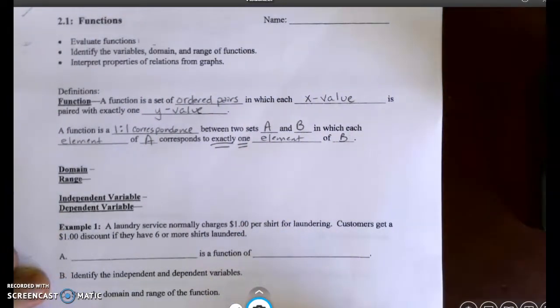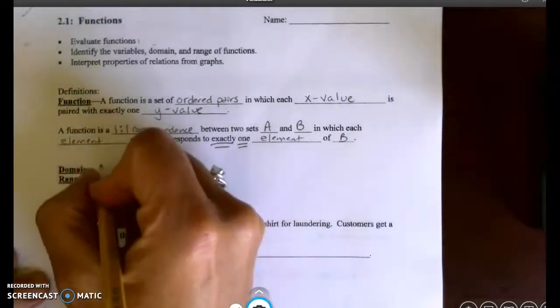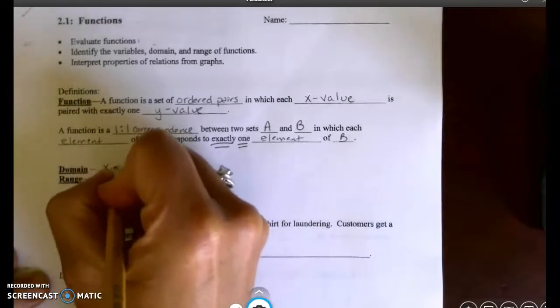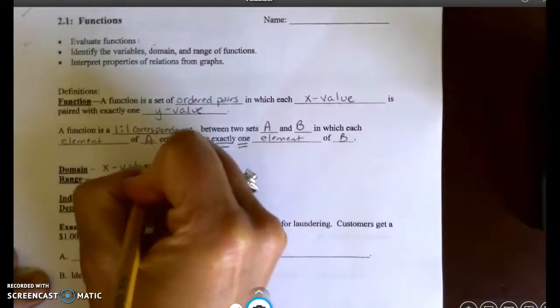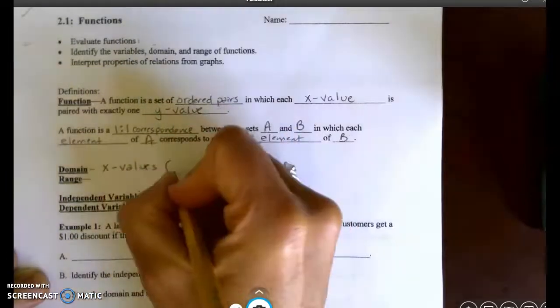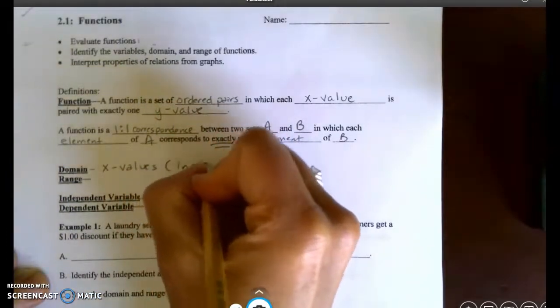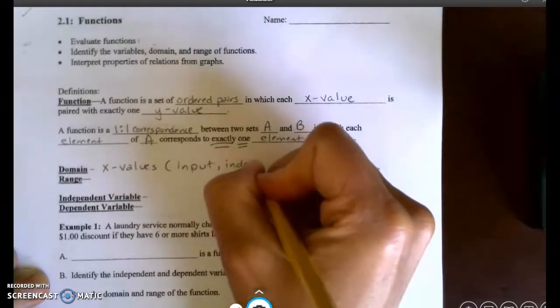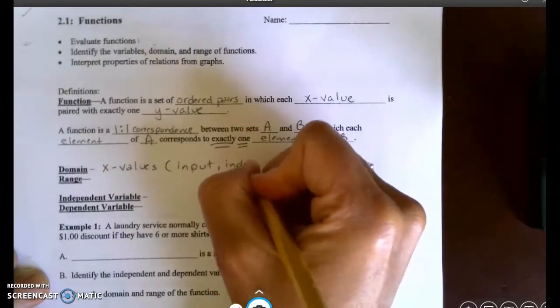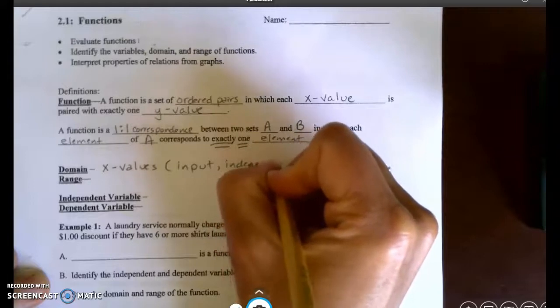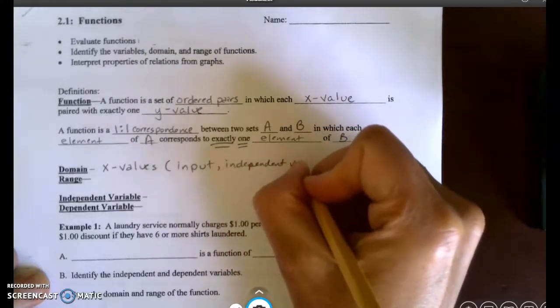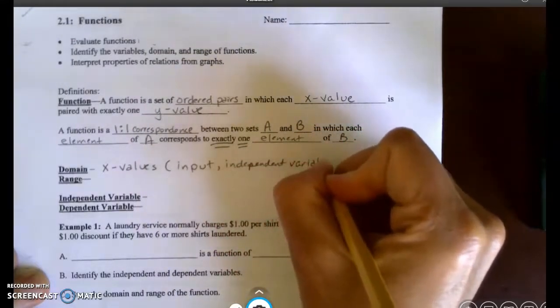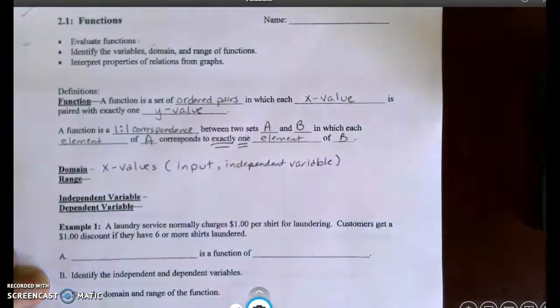All right, and in this function, the domain is always going to be your x values. We sometimes call it the input, or we call it the independent variable, which we're going to define down below in just a second.